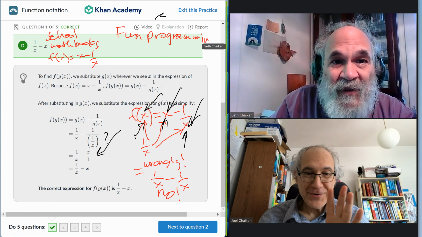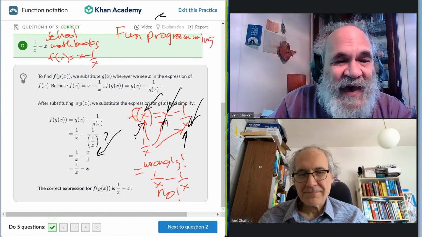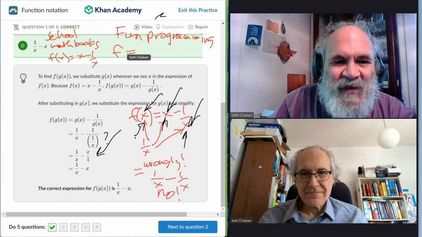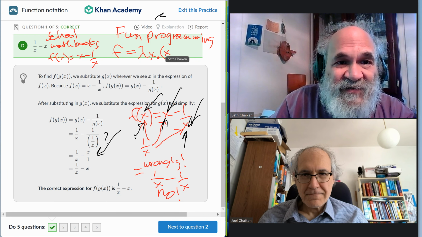In functional programming, you will write f without parentheses equals lambda x dot x minus 1 over x.